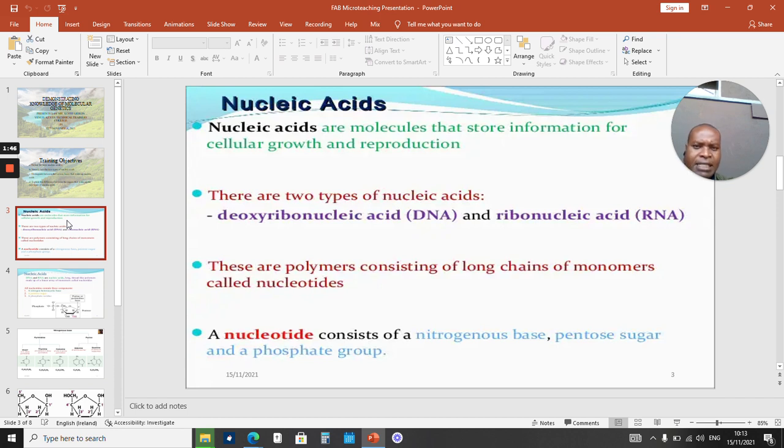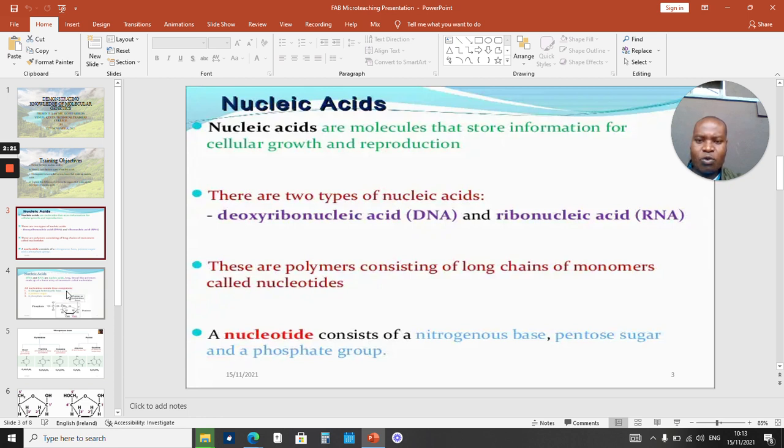Nucleic acids are molecules in the nucleus of our cells that store genetic information and control the physiological functioning of the cell, which includes growth and reproduction. That is a very important function of the nucleic acid. Nucleic acids also carry information, being able to transmit information from the parent cell to the daughter cell or to the offspring.